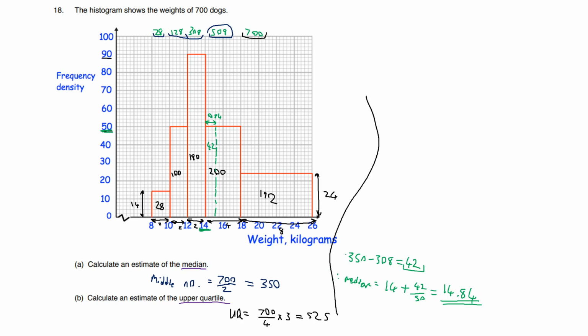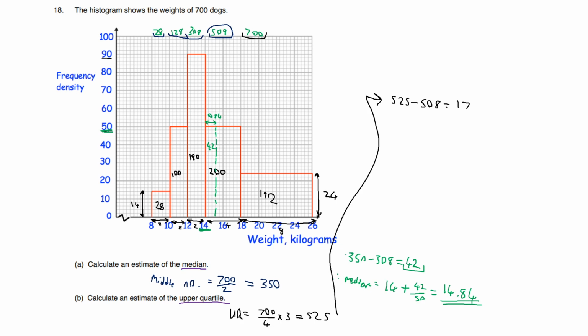I'm going to do this up here, this one. So first things first is work out the difference so we know how much is going to be in that bar. So to do that, we're going to do 525 minus 508, which is equal to 17, right? And so we know that this bar has 17.